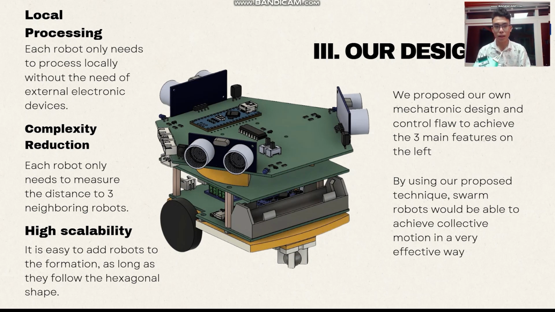The second one is that our complexity is very small, because as you can see, each robot will only have to measure the distance to 3 neighboring robots. So it's not a very big number. This leads to our third feature, that is high scalability. We can add more robots into our system and still be able to accomplish the collective motion.